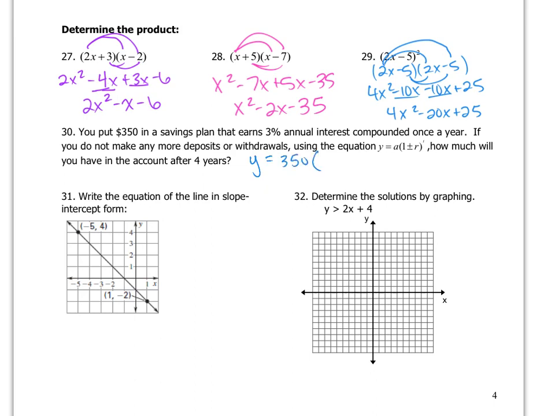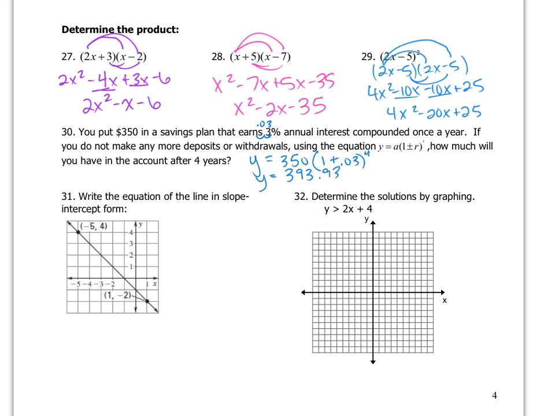And then since we are earning interest, we're going to say 1 plus this 3%, which we change to a decimal, 0.03, and then raise it to 4 years. You put that in your calculator, and that would be $393.93.